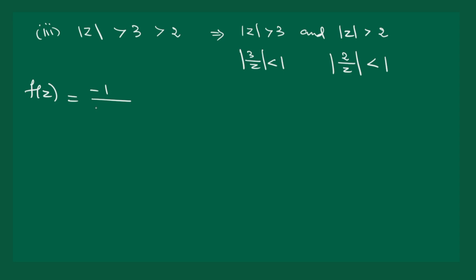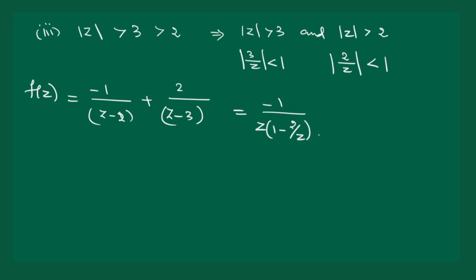Okay. So here this is z minus 2 plus 2 by z minus 3. So this is the term. From this we can take z common, so that this becomes 1 minus 2 by z, plus 2 by z, taking z common again, so it becomes 1 minus 3 by z.